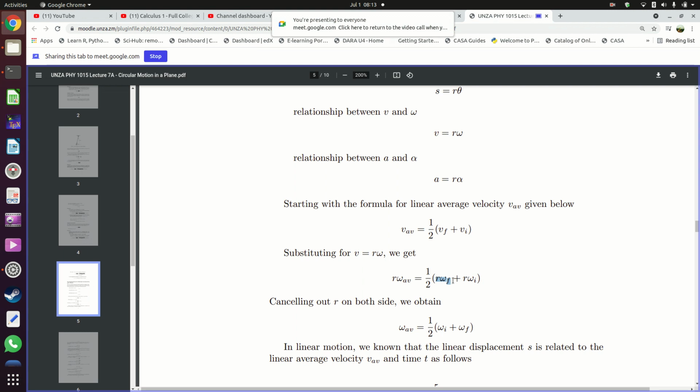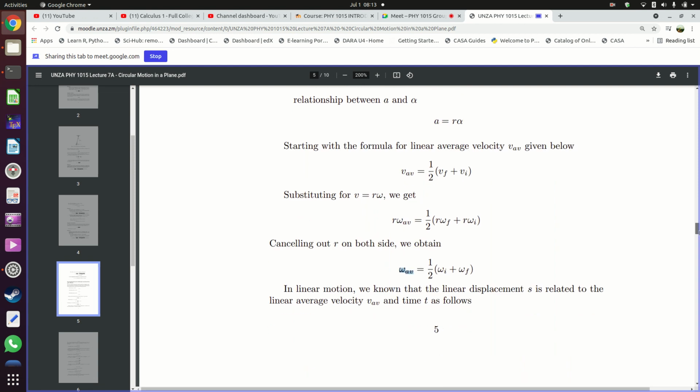After doing the substitution, you notice that there is an r on this side, and there is an r inside here. So if you factor out this r and cancel it out, what you remain with is omega average, the average angular velocity, equals half of omega i plus omega f.